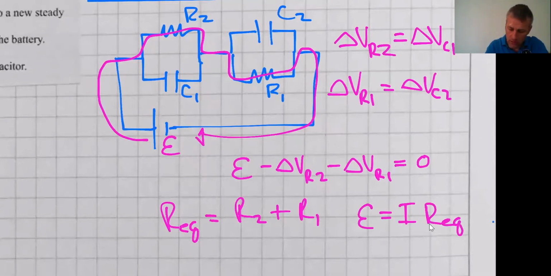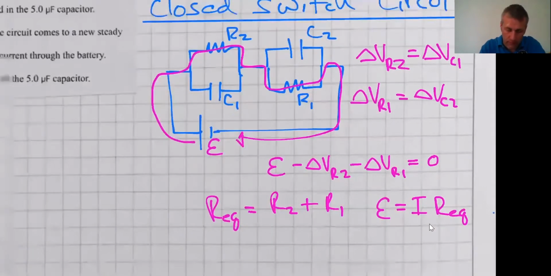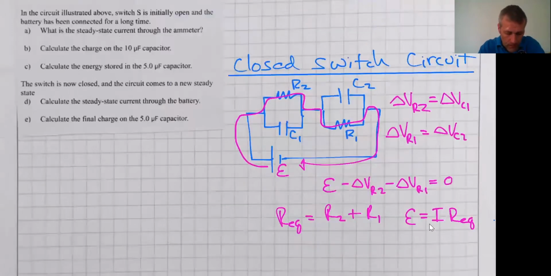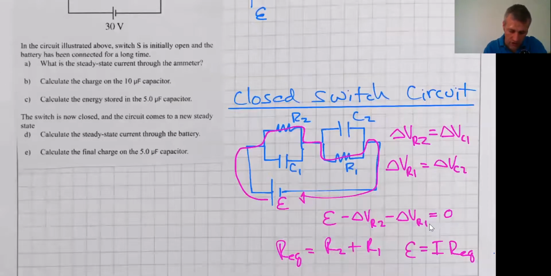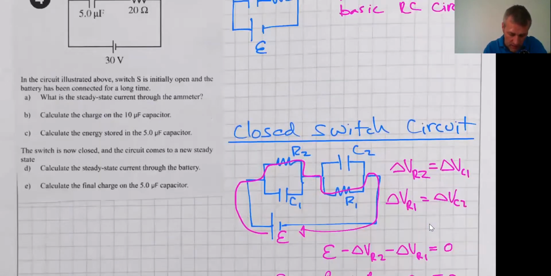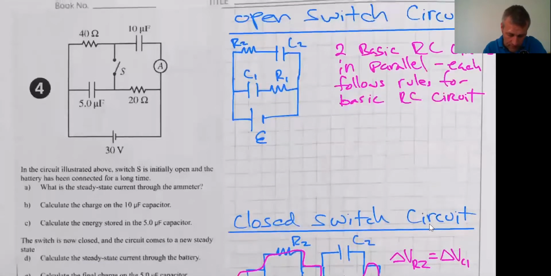So let's see if we covered everything that we need to for that problem. Steady state current through the ammeter when it's initially open. Yeah, it's just the current from the first branch plus the current from the second branch. The charge on the 10, the steady state current is different than the initial current, right?